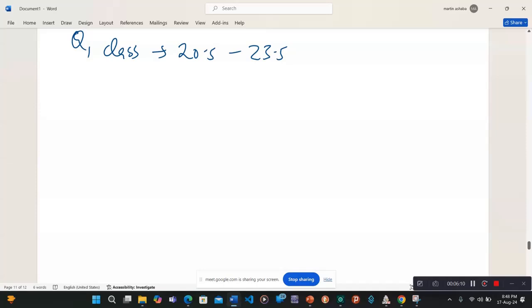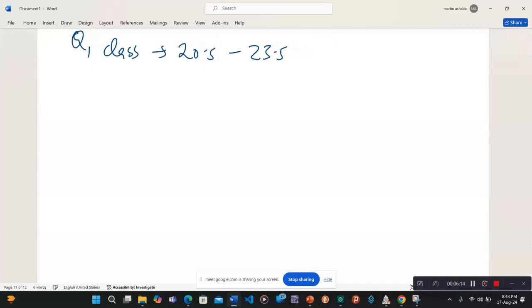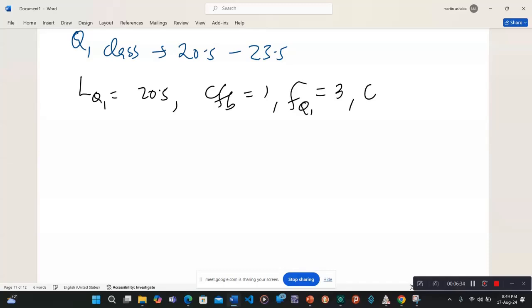So that would give you L1 as 20.5, then the cumulative frequency before as 1, then the frequency of the first quartile class, which we said is 3, and the class size is also 3.